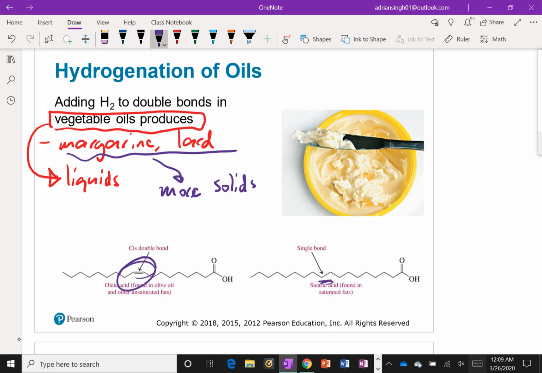And you know, maybe the terms now are going to make a little bit more sense to you, especially when it comes to nutrition. You probably have heard about saturated versus unsaturated fats and oils, right? Well, this is actually what those terms mean. A saturated fat means that there are only carbon-carbon single bonds, whereas an unsaturated fat is going to contain one or more of these double bonds in it, right?